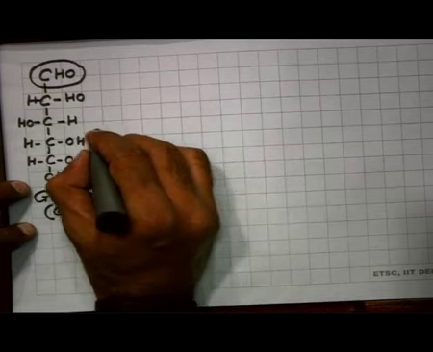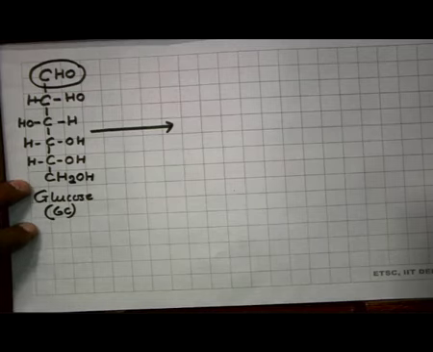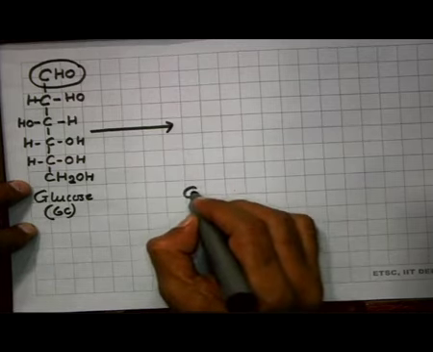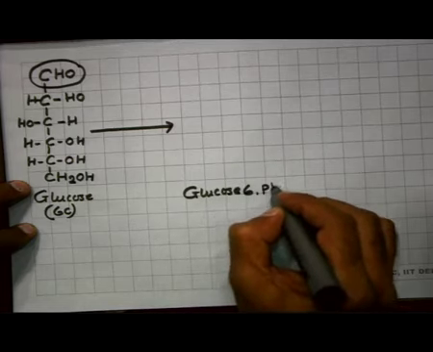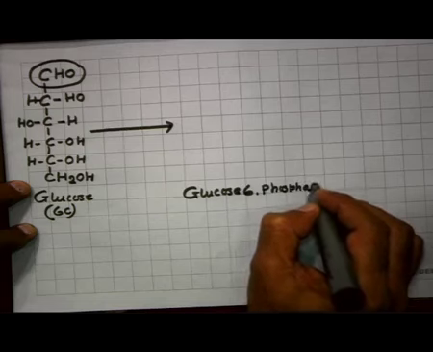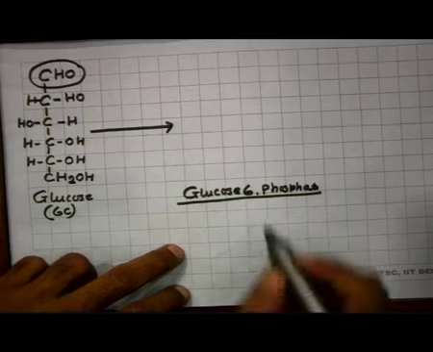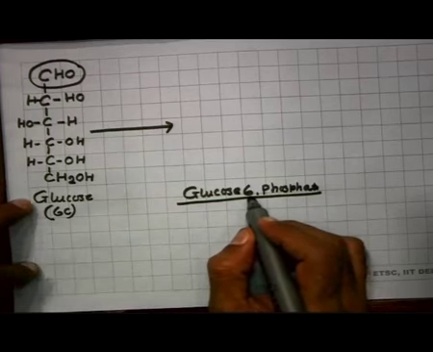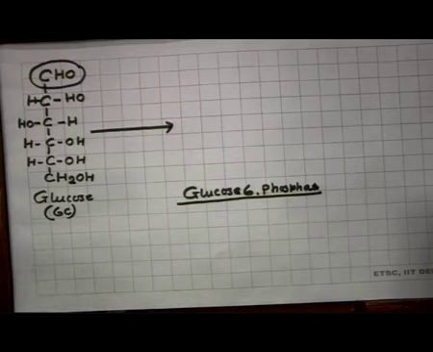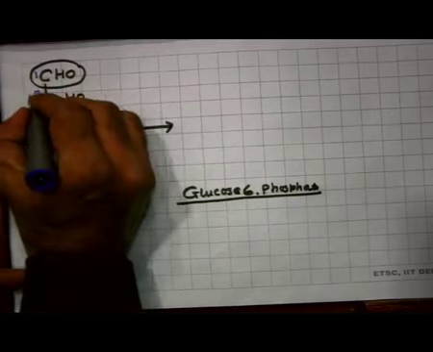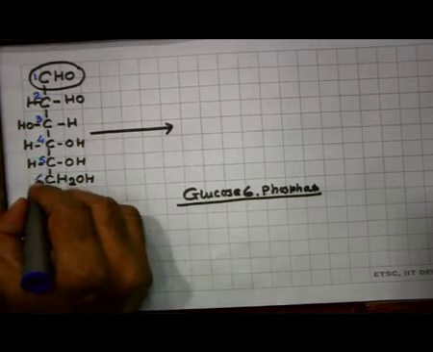Now, we have already discussed that glucose is first of all converted into glucose 6 phosphate. It is easy to write the formula of glucose 6 phosphate. Here the carbons are 1, 2, 3, 4, 5, 6.